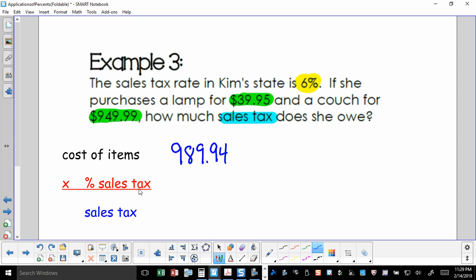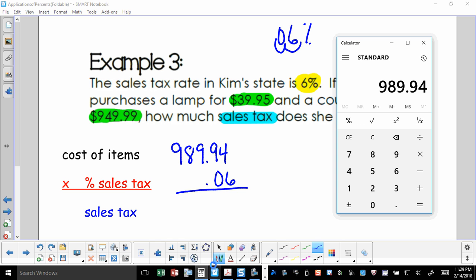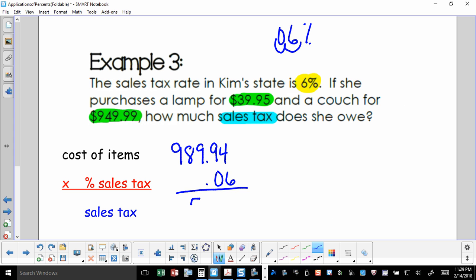And now the sales tax is 6%, so to write that as a decimal is 0.06. Remember, we've got 6%, so we move the decimal two places, so it's 0.06. So all we have to do now is go back to our calculator and hit times 0.06. So $59.40 is the sales tax.